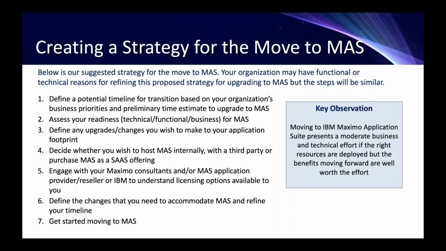So how does the app points I need to buy going forward compare to my cost going forward of maintaining Maximo 7.6 dot whatever? So you do the comparison and you say, oh, it's going to cost me a little bit more, but my maintenance was probably going to go up next year anyway, kind of thing. And then you negotiate with IBM. Define any upgrades and changes. I talked about that.